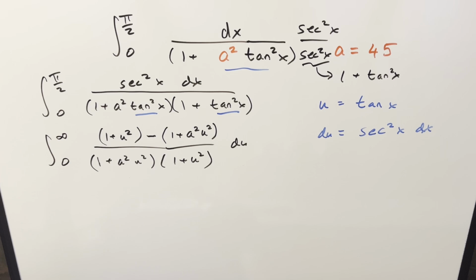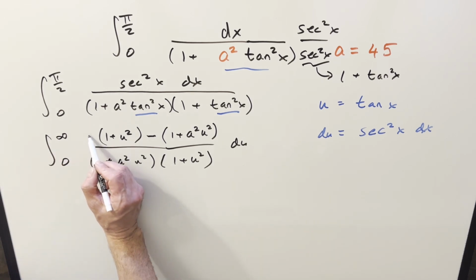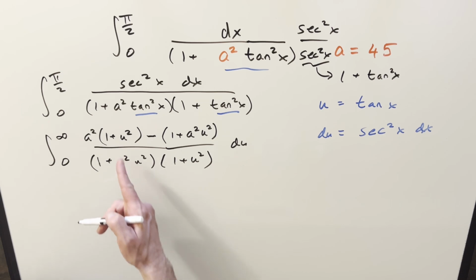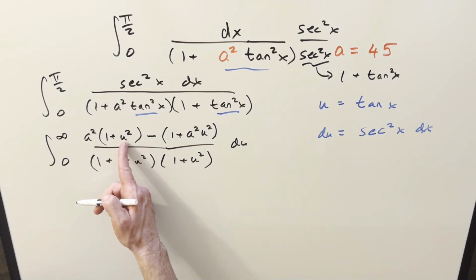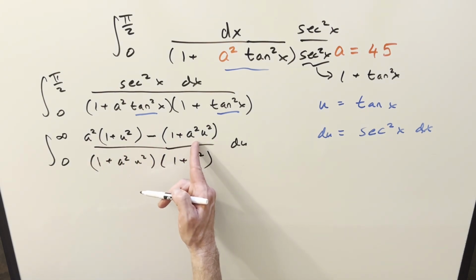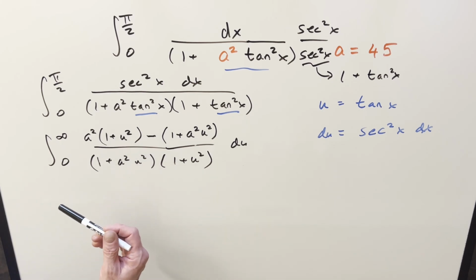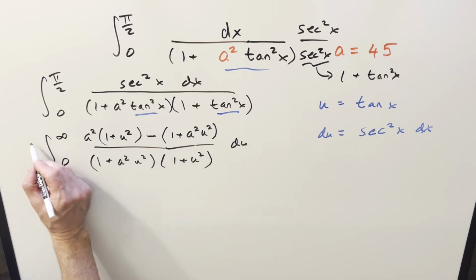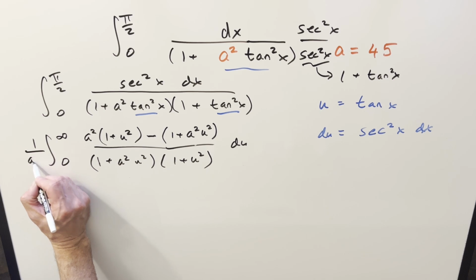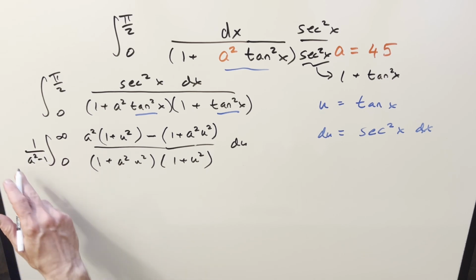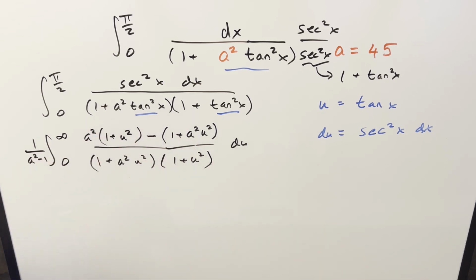We need the whole numerator to equal 1. If I multiply in a squared here, a squared times u squared is a squared u squared, which cancels with this. Multiplying it out, the numerator becomes a squared minus 1. I don't want to change it, so let's divide that off in front. Now if you multiply it all out, the whole numerator is just 1.